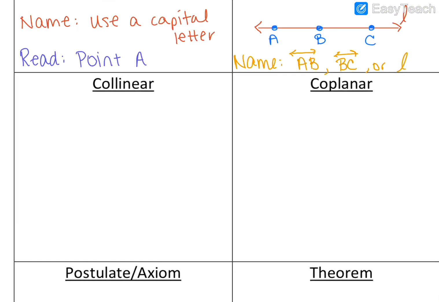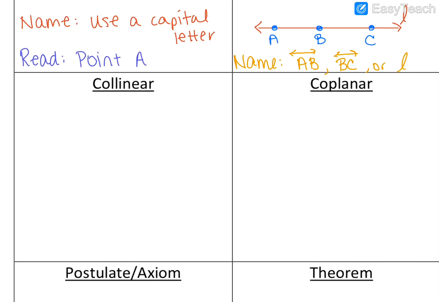because that has to do with some of the postulates that we're going to get into. So, collinear. You may have heard the term co before, like co-workers or maybe co-teachers or maybe a co-pilot. That term co, it means working together or together.